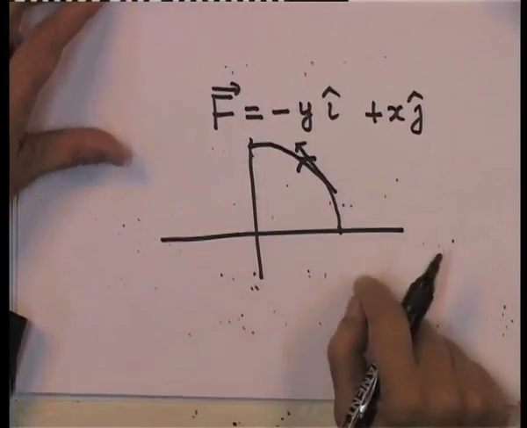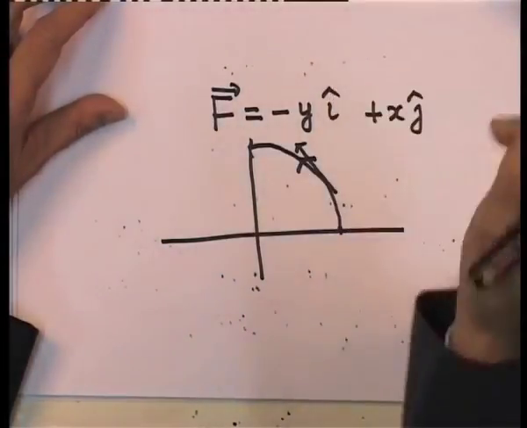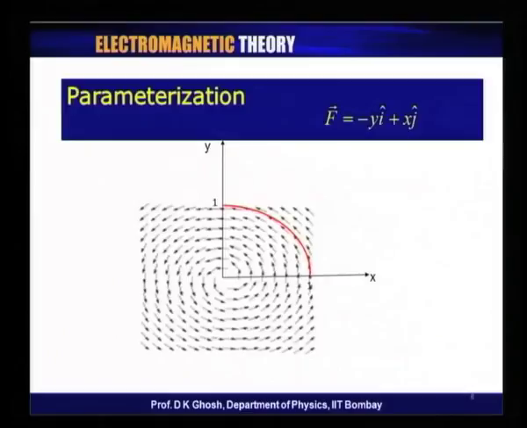So, therefore, the angle between the direction of the vectors, which we have shown in this sketch, and the direction of the tangent to the curve always makes an acute angle. Now, since it makes an acute angle, f dot dl, which is the magnitude of f times magnitude of dl times cosine of the angle between the two, remains positive.